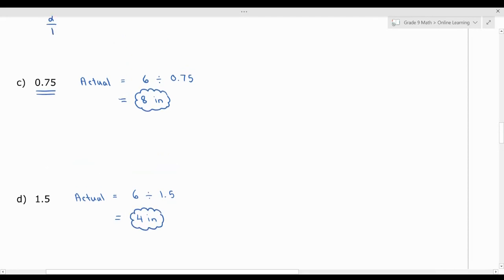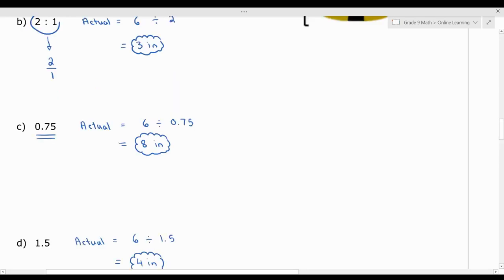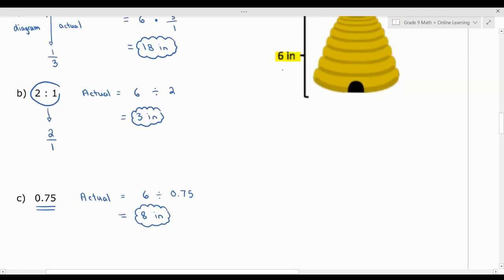Okay, check if this makes sense. So you started with an actual dimension that was 4 inches. You applied a scale of 1.5. 1.5 is bigger than 1, so it should be a bigger picture that you end up with. So I went from 4, and you ended up getting a 6. So that makes sense. It's been an enlargement.